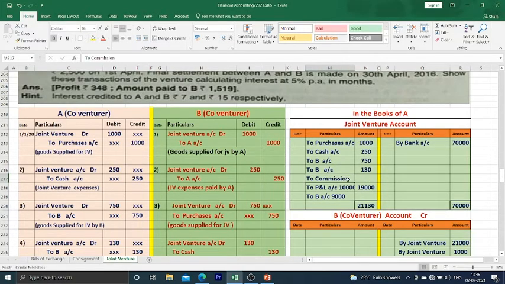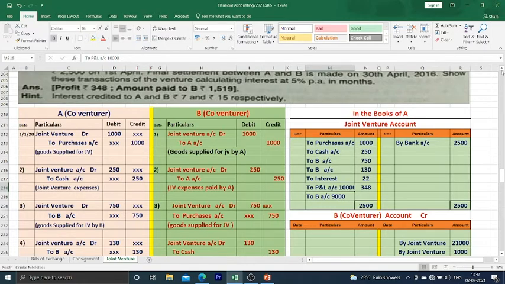Interest account 22. By bank 2500. Here amount is 2348. Now this will be distributed, okay? So how will this be distributed?